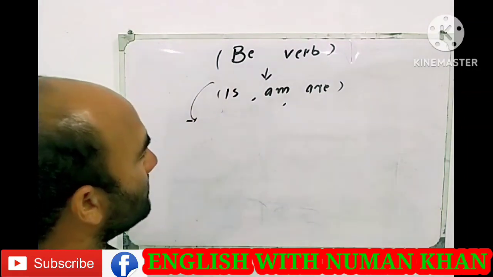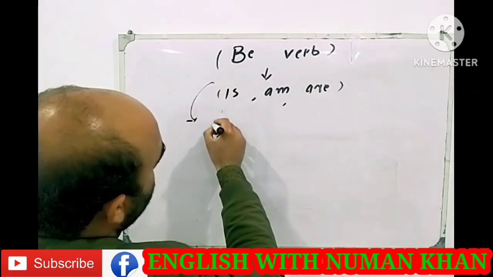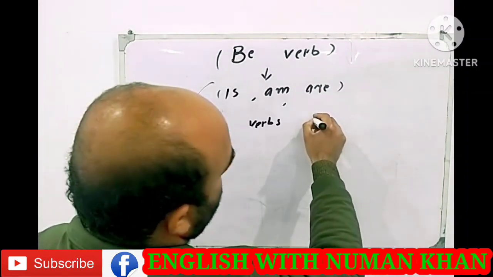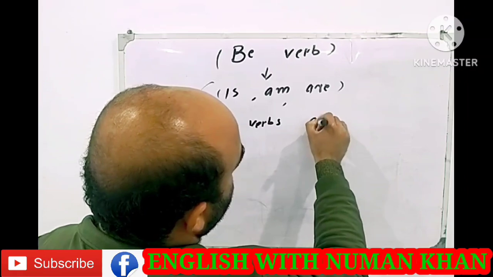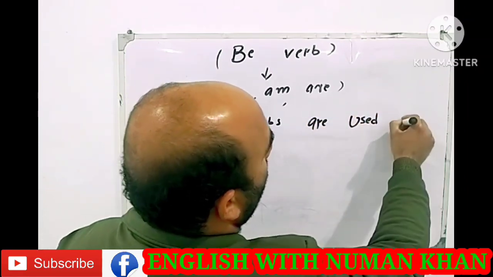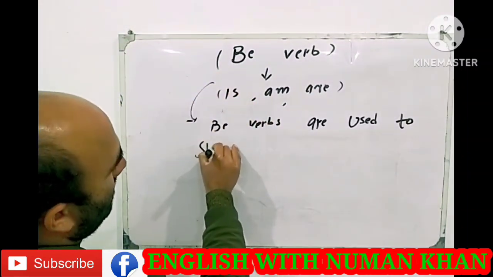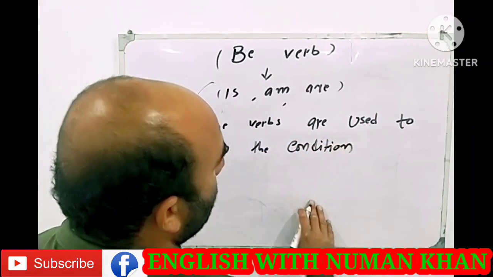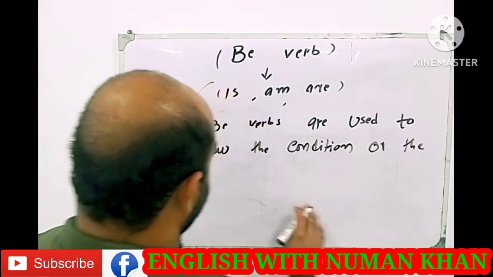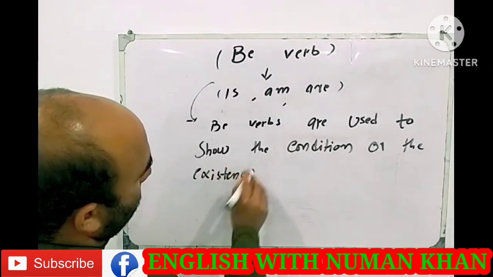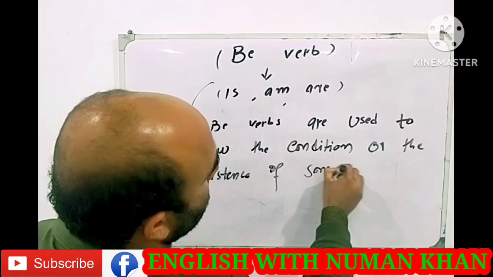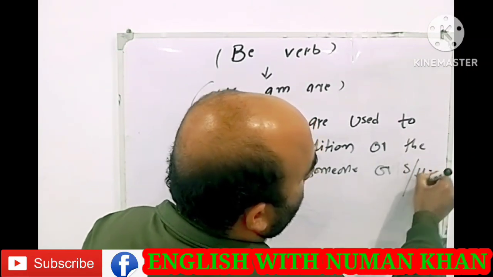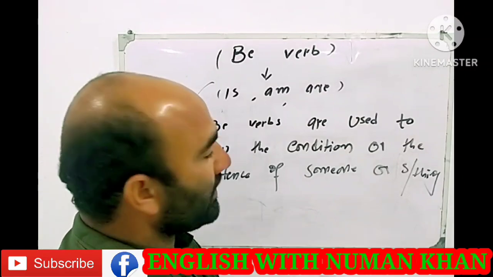The function of be verbs is, be verbs are used to show the condition or the existence of someone or something. We use be verbs.